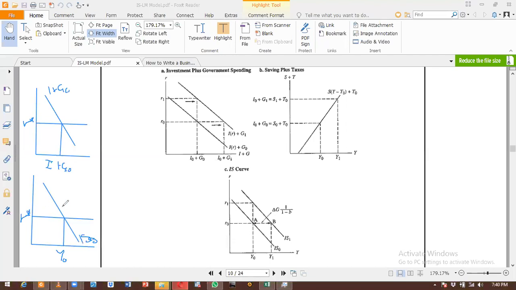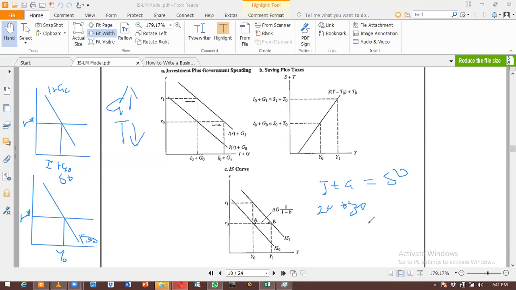There is no change in interest rate, but there's an increase in government expenditure, or there's a fall in tax, which means that assuming initially the sum of investment and government expenditure was say 50, 20 from I, and then 30 from G. So this is where we were, at 50.